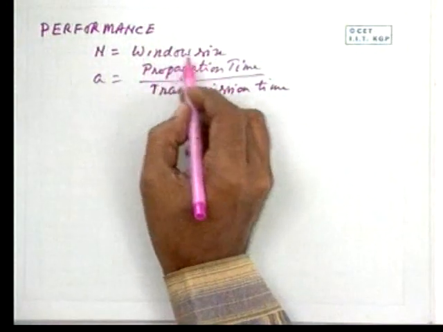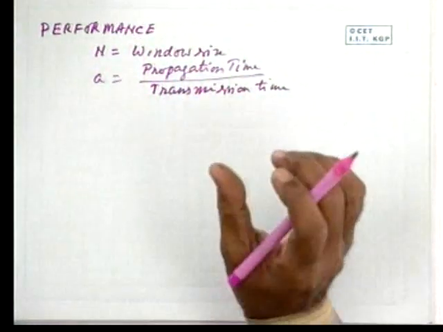Now, this window size N depends on the number of bits that is being used to represent the frame number. Let's assume 3 bits are used.